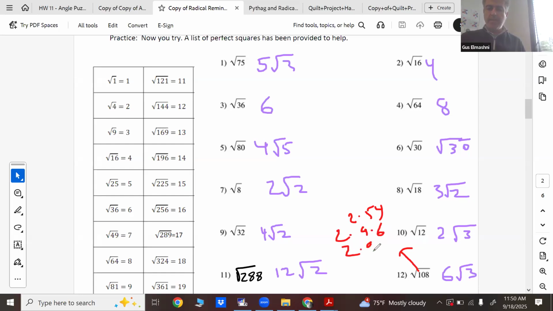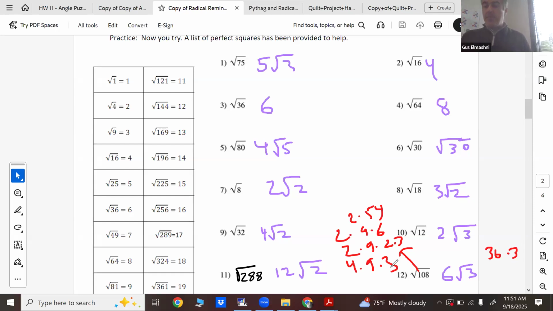Yeah, you can do 36 times 3. But as I rearrange them, I get 4 times 9 times 3. So I could do root 4 is 2. I could do root 9 is 3. 2 times 3 is 6, so I get 6 root 3. So you're trying to really use a lot of number sense as you approach these problems.